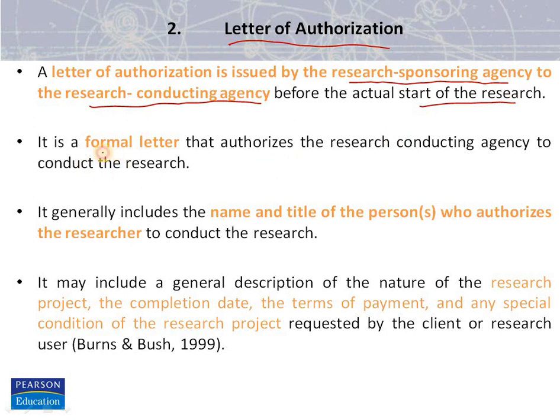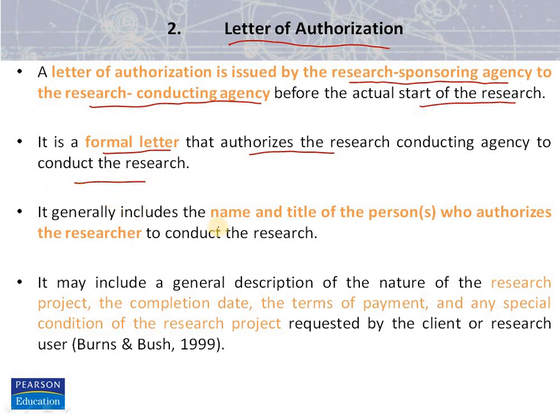It is a formal letter that authorizes the research conducting agency to conduct research. This letter of authorization is a must if the research is done for any research sponsoring agency, as there can be situations where some important or specific data are collected.